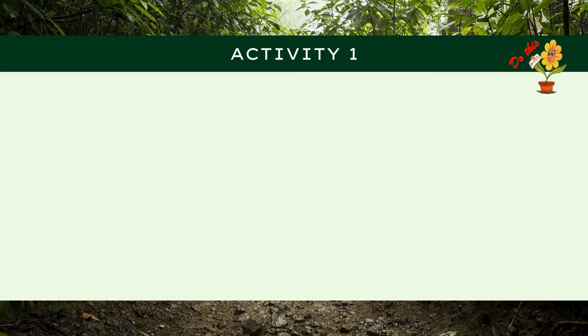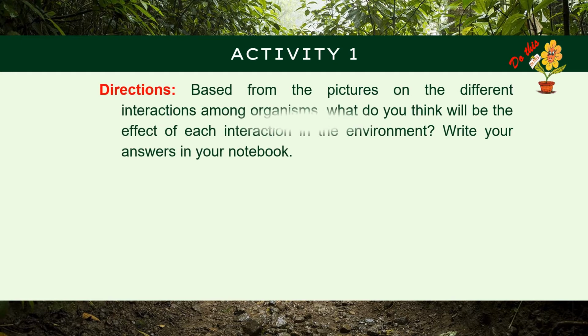This time, let us proceed to the first activity. Directions. Based from the pictures on the different interactions among organisms, what do you think will be the effect of each interaction in the environment? Write your answers in your notebook.